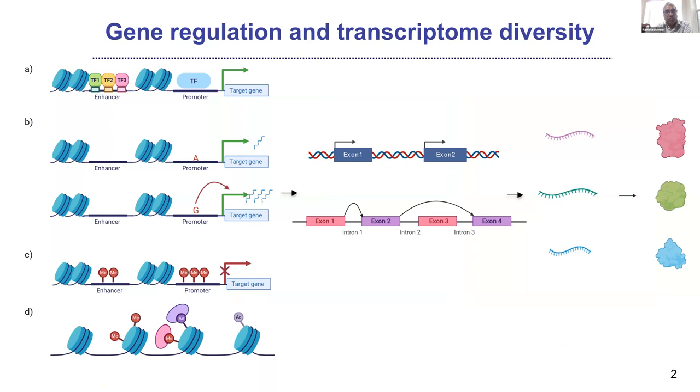So what do we mean by gene regulation? Gene regulation is very context dependent. In this cartoon, for example, in A, there is a promoter with the green arrow, and there are several transcription factors located in the promoter region, where the transcription factor proteins bind in a context-dependent manner and drive the expression of the nearby gene.